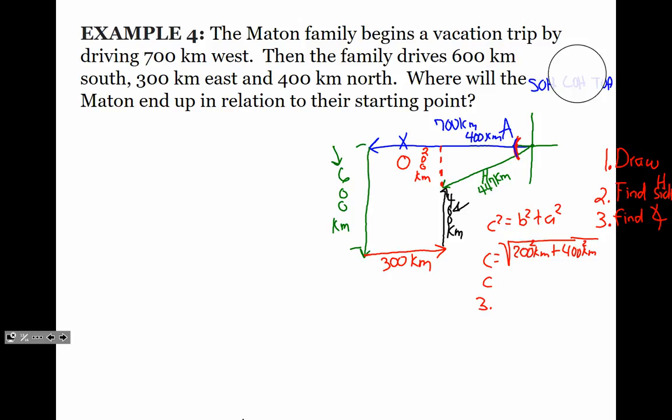That should be an A, not an O right there. Okay, so I want my angle. So I'm going to get the inverse of tan. My O is 200 kilometers. My A is 400 kilometers. Put that into your calculator.